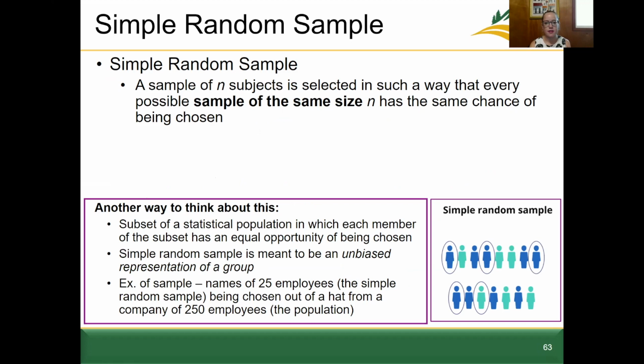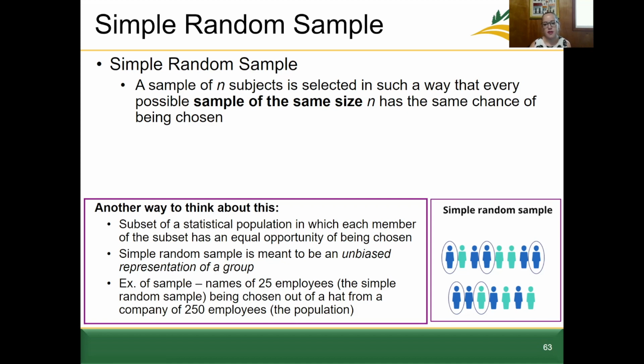We have samples from that population. Each of those samples has the same likelihood of being chosen for the study. Another way to think about this, we have a subset of a statistical population in which each member of the subset has an equal opportunity of being chosen. One example of this is if we have a population and we have 250 employees.